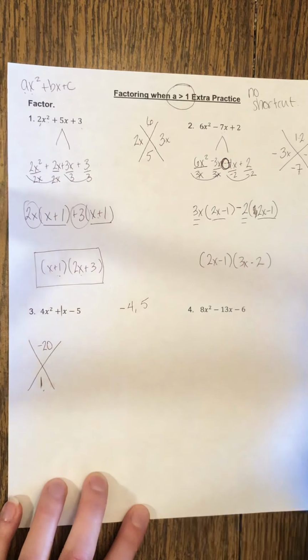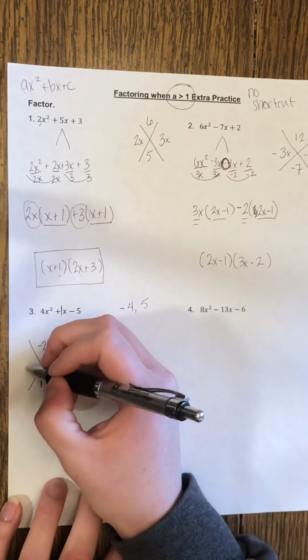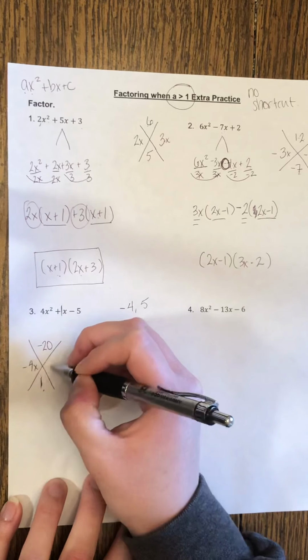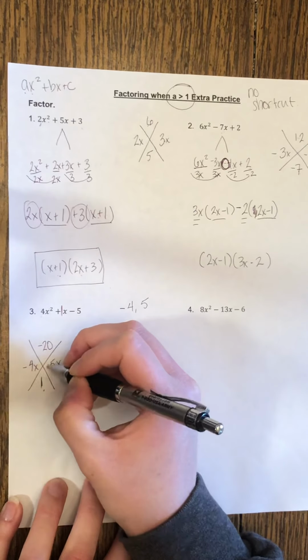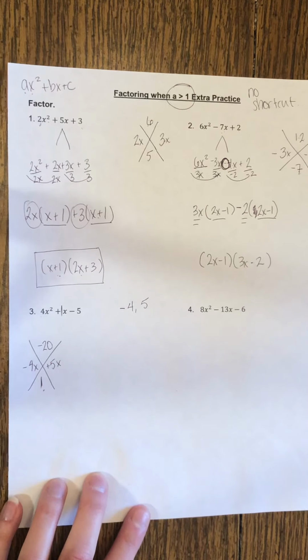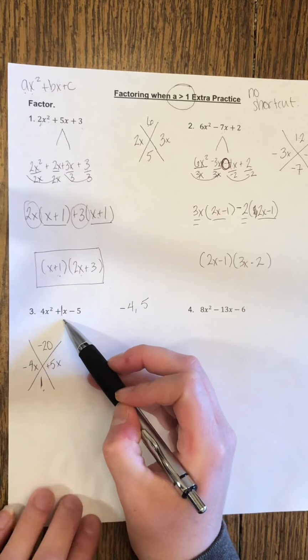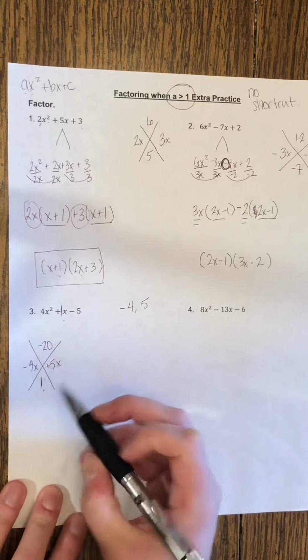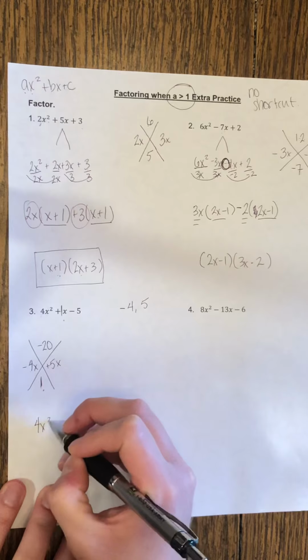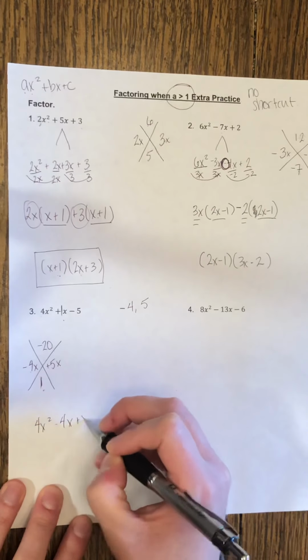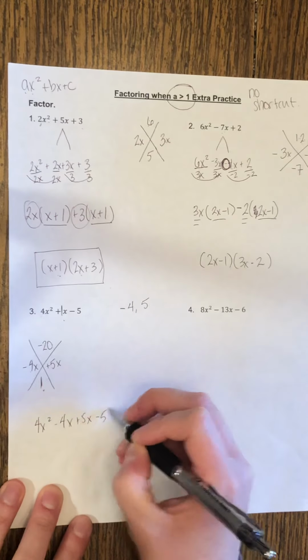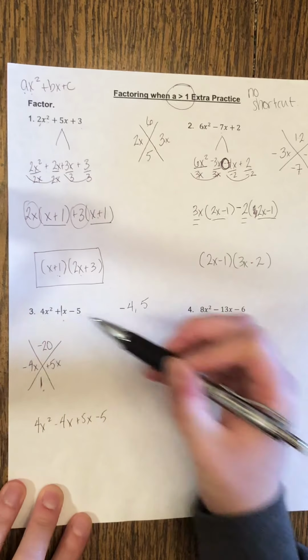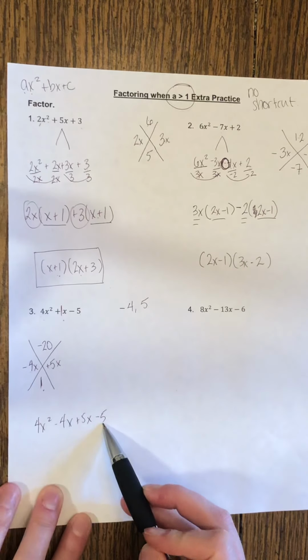The smaller number would have to be negative. So again, I'm going to break up that b term into negative 4x and positive 5x, copying down the first term and the last term.